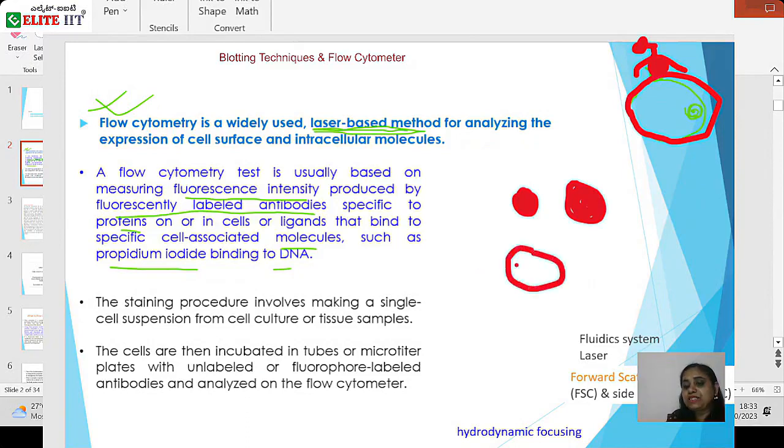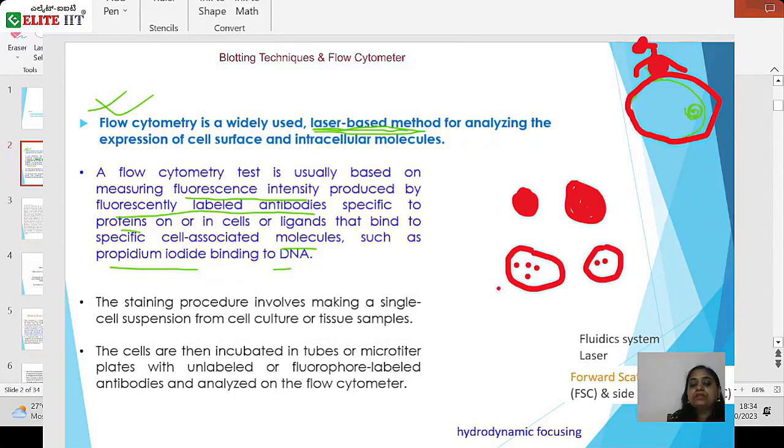In most cases we check whether granular molecules are present inside the cell or not. So the size of the cell as well as any granular samples inside the cell can be detected through flow cytometry.